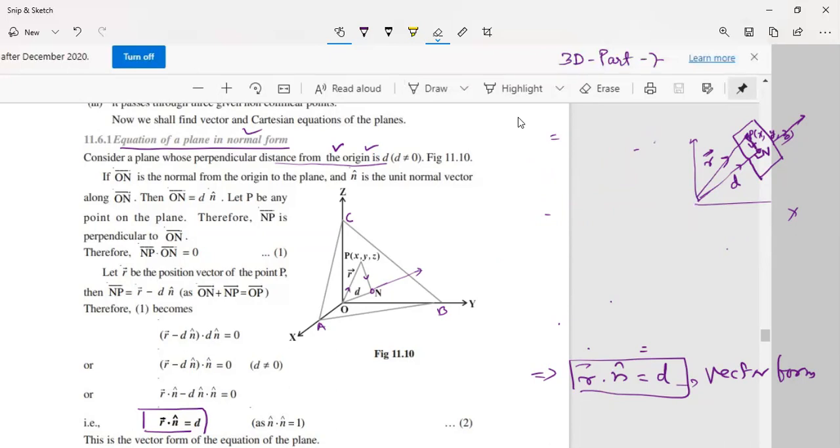So this is the equation in vector form, r dot n is equal to d.